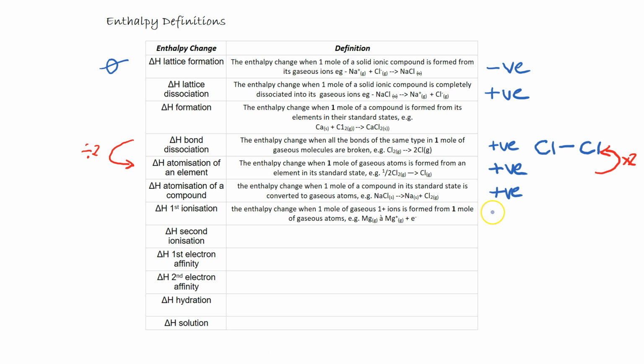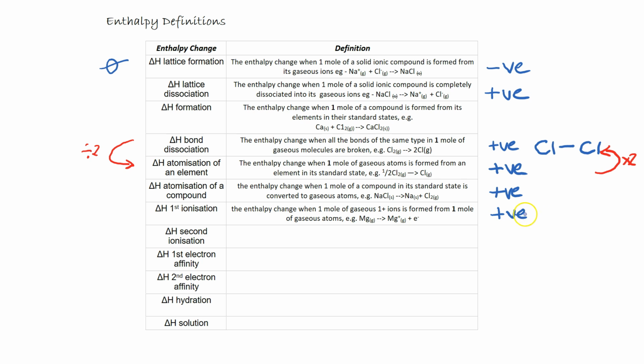The first ionization energy we met before in the year 12 course when we were looking at mass spectroscopy, and it is the enthalpy change when 1 mole of gaseous 1+ ions is formed from 1 mole of gaseous atoms. In this example we've got magnesium gaseous atoms, and we are making gaseous 1+ ions plus 1 mole of electrons after the first ionization energy.